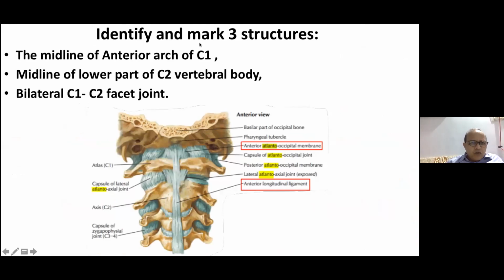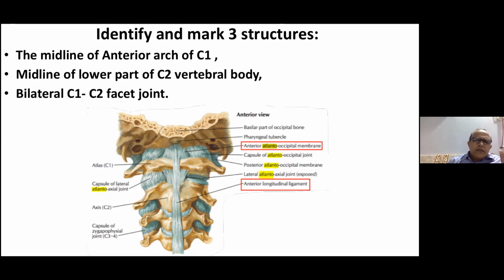So before you further proceed, you identify at least three structures. One is the anterior arch of the atlas, and where is the midline. In endoscope, you visualize only a portion of the structures. I have already discussed in avoidance of complication that you see only a part of the structures. Like if you have to identify a person by looking at the eyes, it may be difficult.